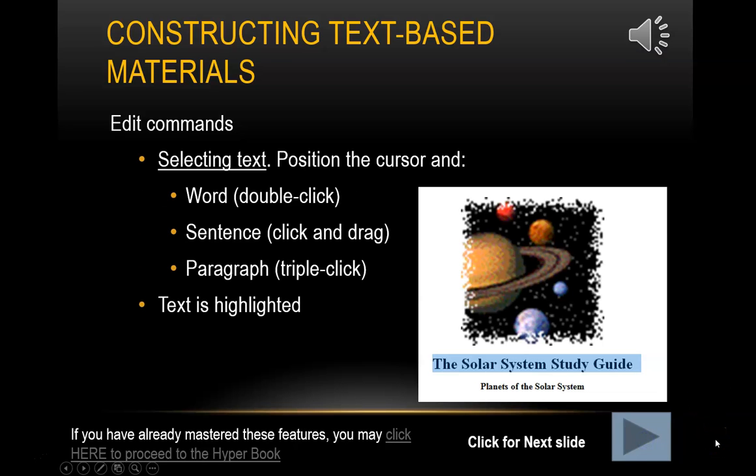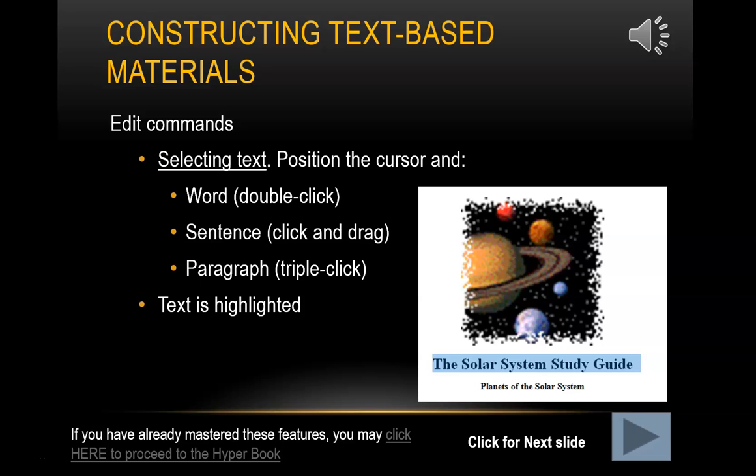Using the spacehandouts.doc, you can practice the commands as we go through them. To select text, you may know that you can simply position the cursor over a word, and you have a couple of choices.